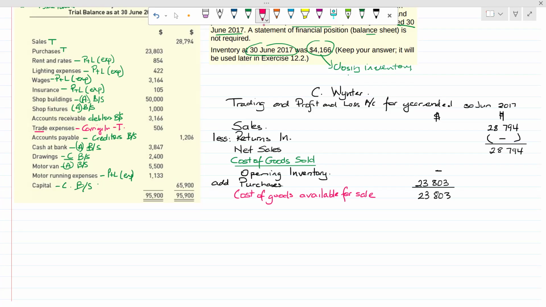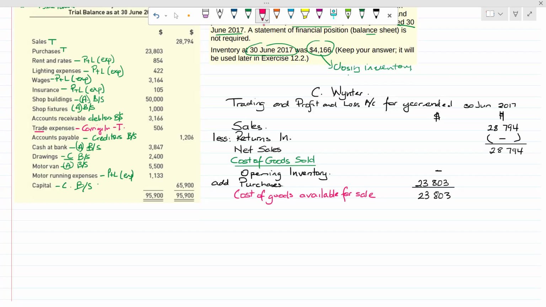We had used an analogy last week where I talk about stocking a chiller to sell drinks. And if we had drinks in the chiller, that's our opening inventory. We go to the wholesale place and we buy some more cases and come back and fill up the chiller so that all the shelves have drinks. That would be the total cost of whatever money that we would have checked for the purchasing of the new drinks. And we would have checked up how much drinks we had before we went to buy drinks. We will have the cost of all of the goods available for sale in our chiller when we add those two together.